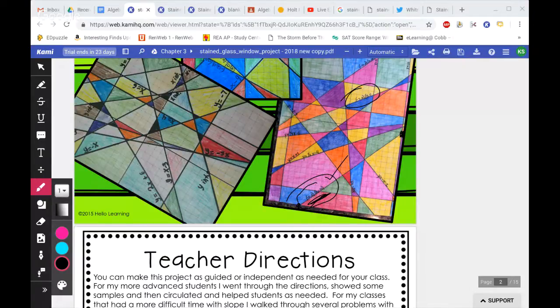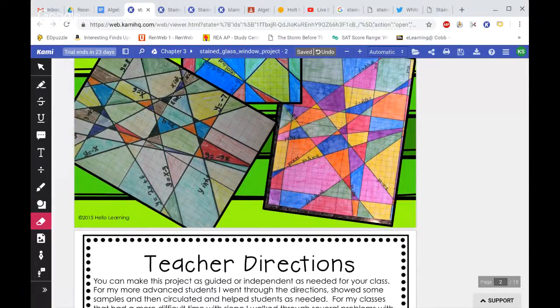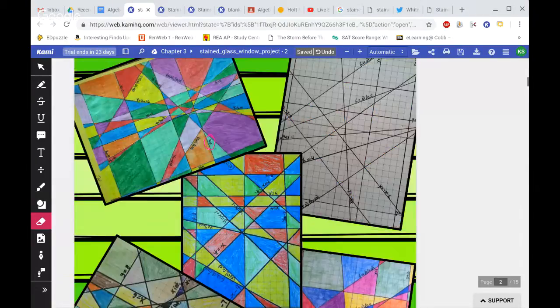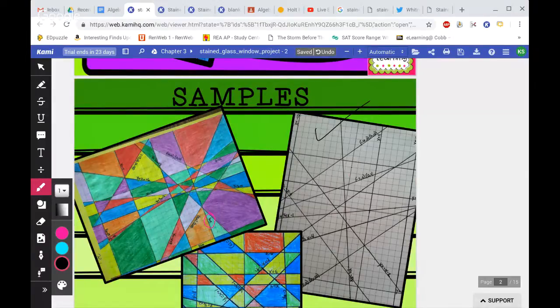I was showing her some completed examples, so that she could see how she's supposed to label her graph and what the coloring looks like. This one right here is one before it's colored. You know what I'm saying? Yes, ma'am. That's what it will look like before it's colored.